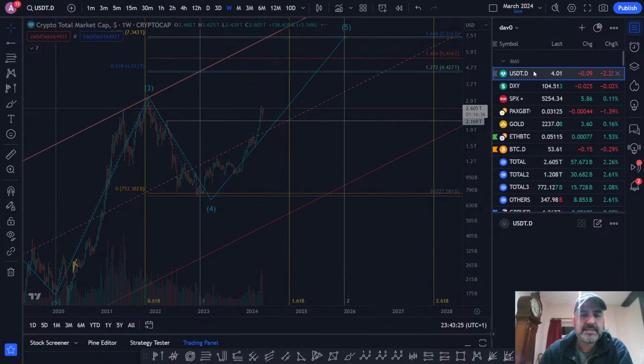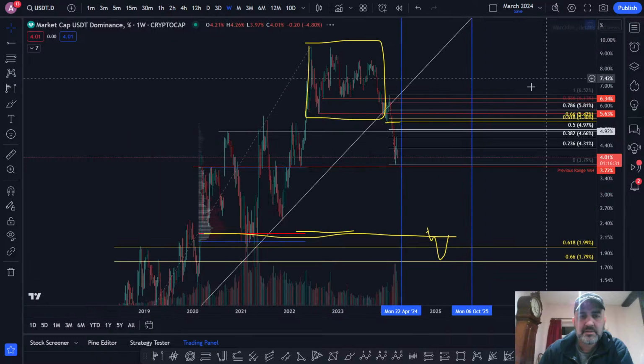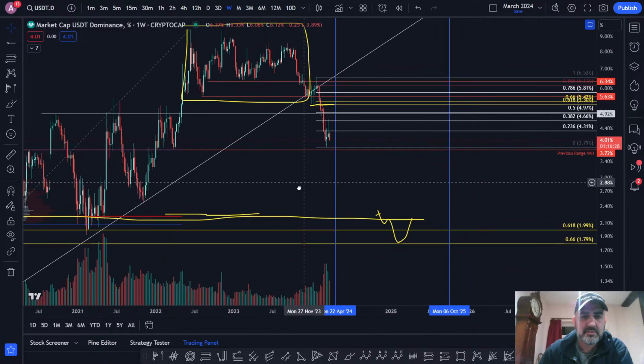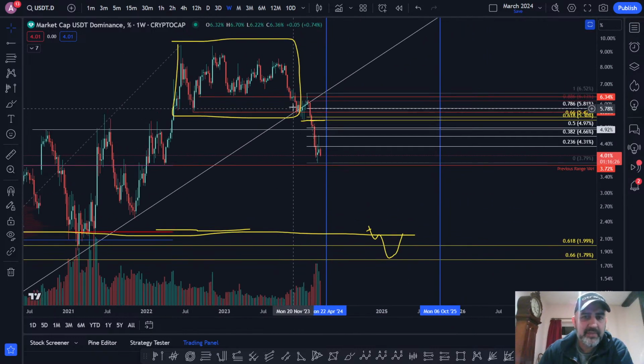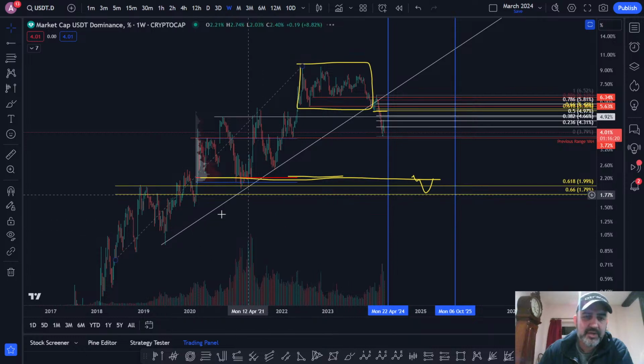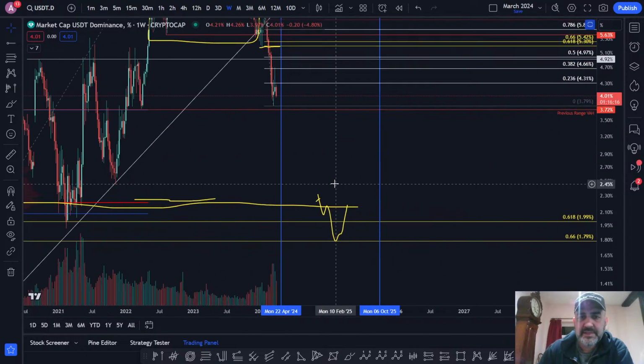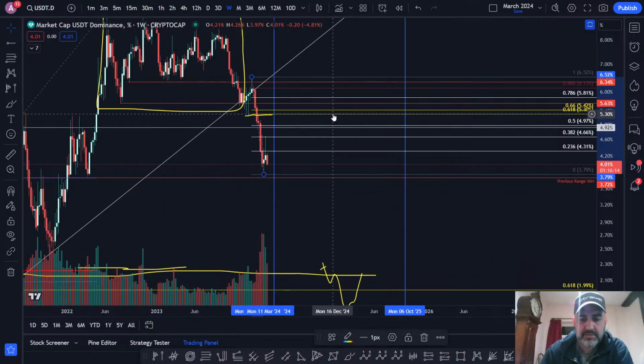is USDT.D. Yeah, the USDT dominance. I've been tracking this for a while now, since December, when we were breaking down from this higher time frame trend line. We're seeing a breakdown at the moment.